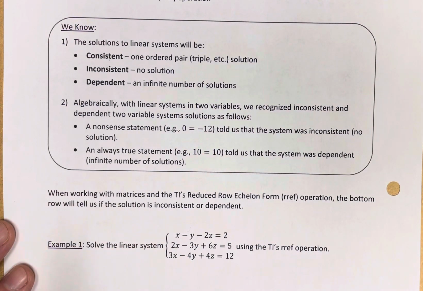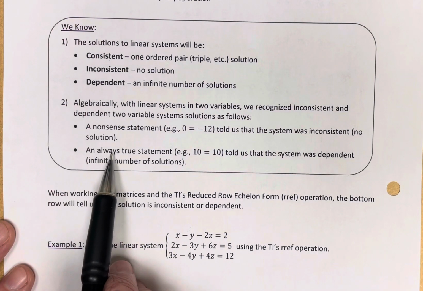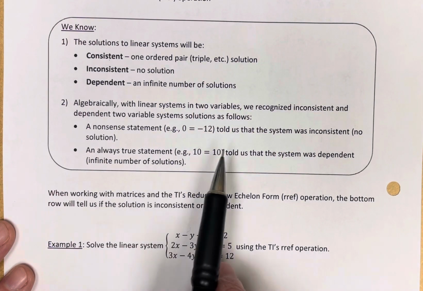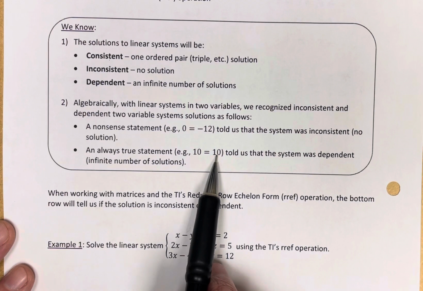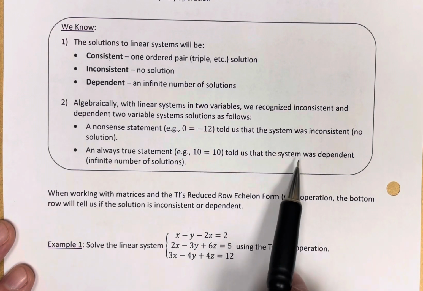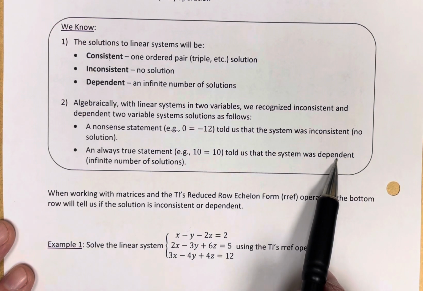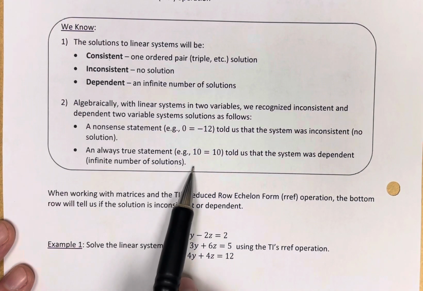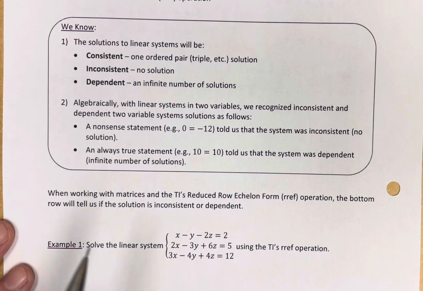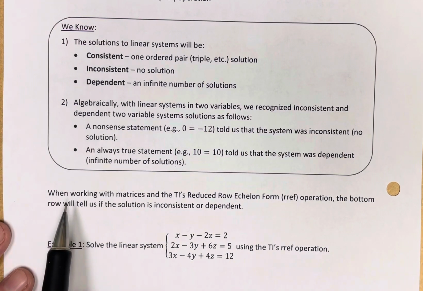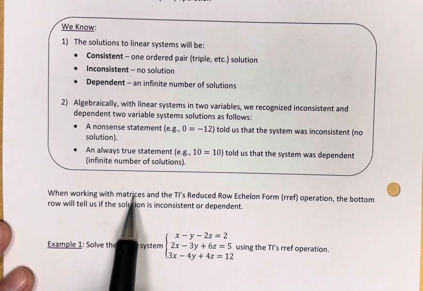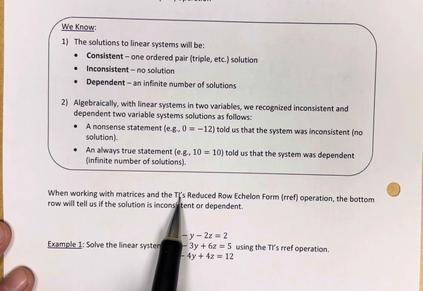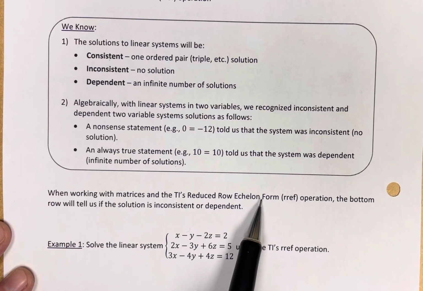Again, those lines were parallel. If we ended up with an always true statement, for example, 10 equals 10, that told us the system was dependent. In other words, we had an infinite number of solutions, and again, that was one line on top of the other.